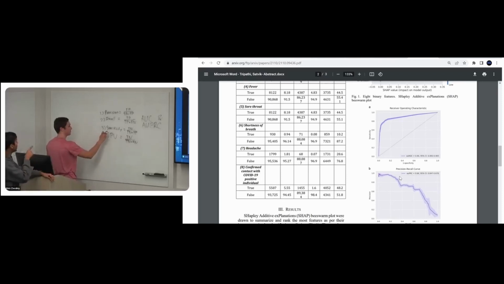But in the second case, you're talking about when you're predicting the true positive value, how good you are doing in terms of the false negatives.